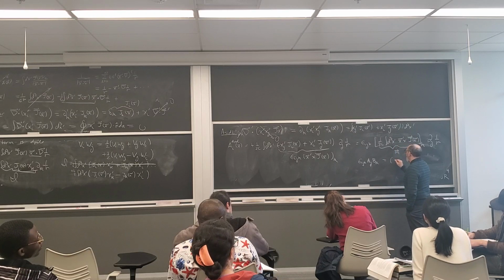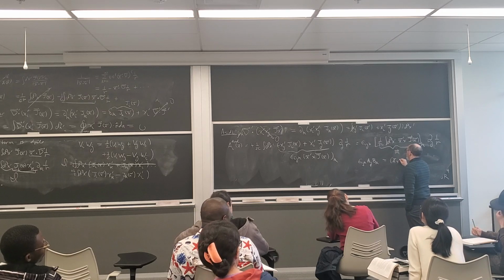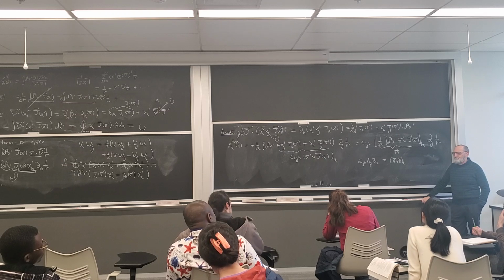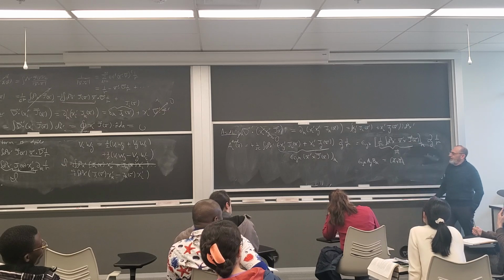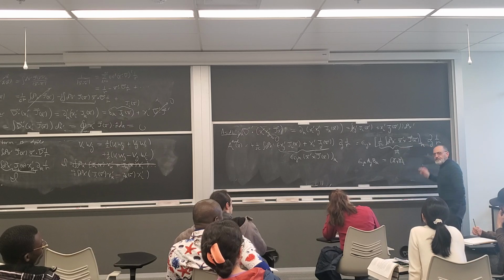This is equal to the ith component of the cross product. Right? So what is this thing here? It's the ith component of this cross product.